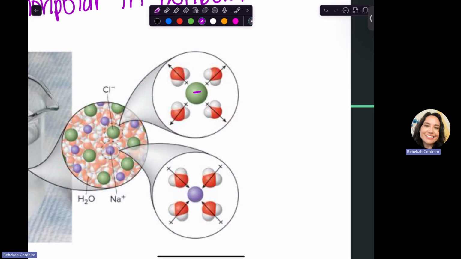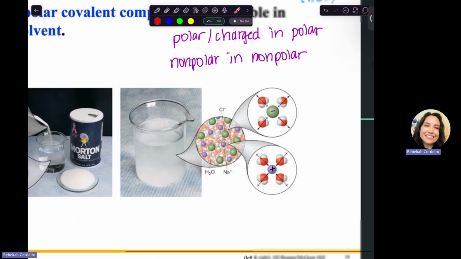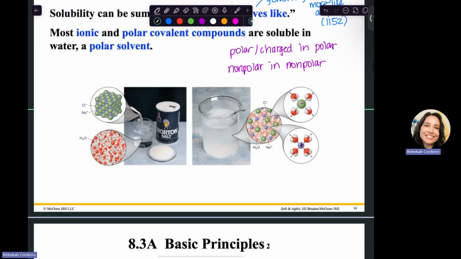Then the sodium is positive, so it would attract the negative side of water. They're similar because they have positives and negatives, so they dissolve really well together. Oil doesn't dissolve in water because it doesn't have positives and negatives. It's nonpolar. So oil stuff would dissolve better in oil stuff, while water dissolves really well with other charged or polar things.